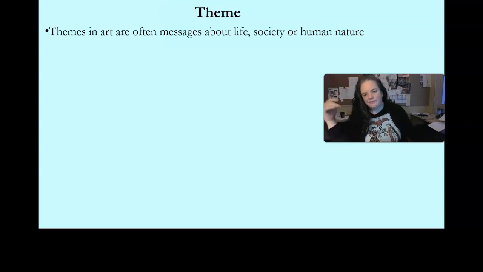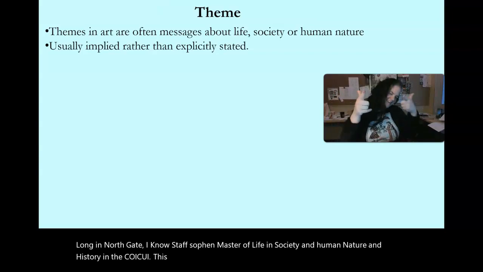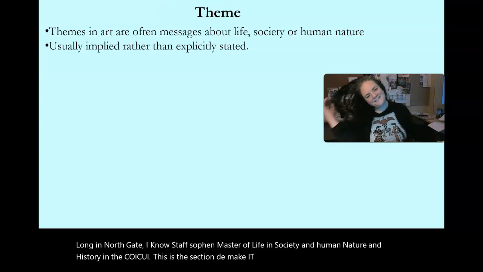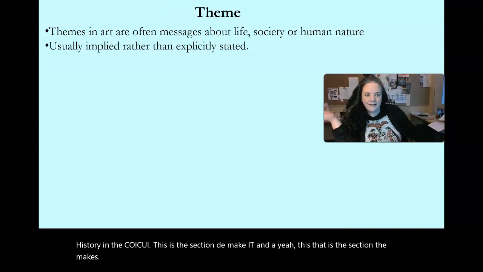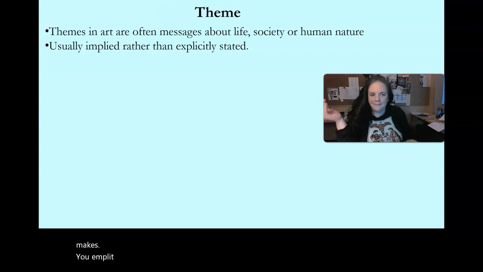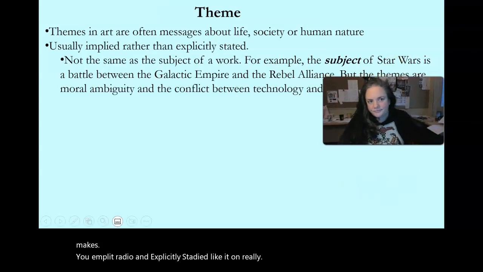These are also often messages about life and society and human nature. And you're starting to see, oh, I see why this is the section that makes it an A. Yes, this is why it's the section that makes it an A. It's usually implied rather than explicitly stated. People don't really say the theme of this work, right?